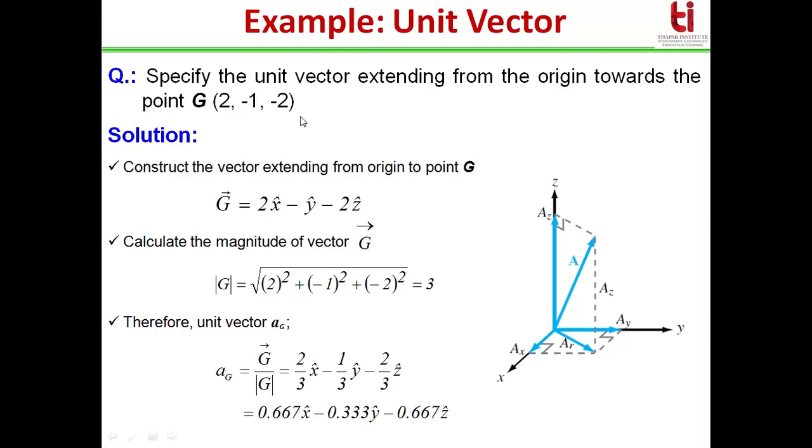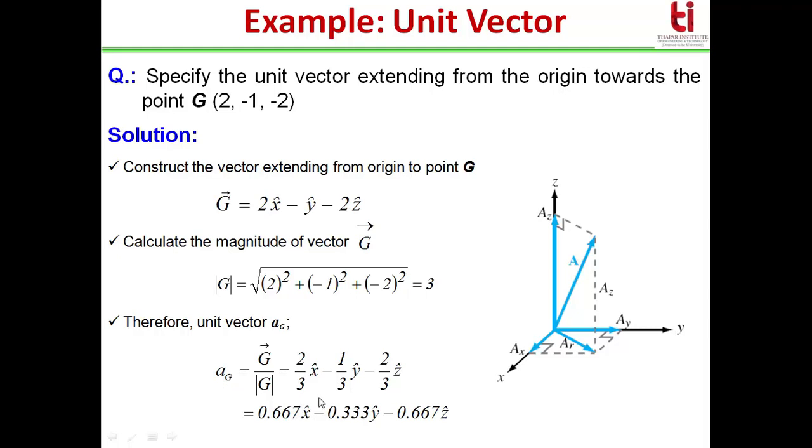Now calculate the magnitude of vector G. The magnitude of vector G is written as mod of G. This is equal to the square root of 2 squared plus (-1) squared plus (-2) squared, and this comes to be 3. Therefore the unit vector can be written as vector G divided by mod of G.